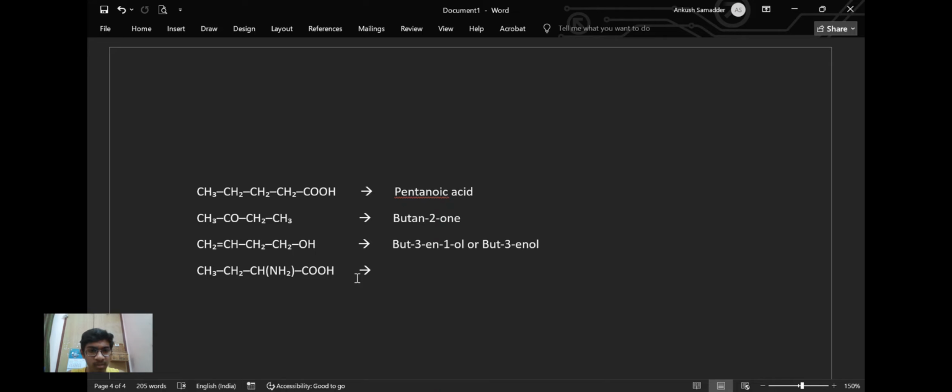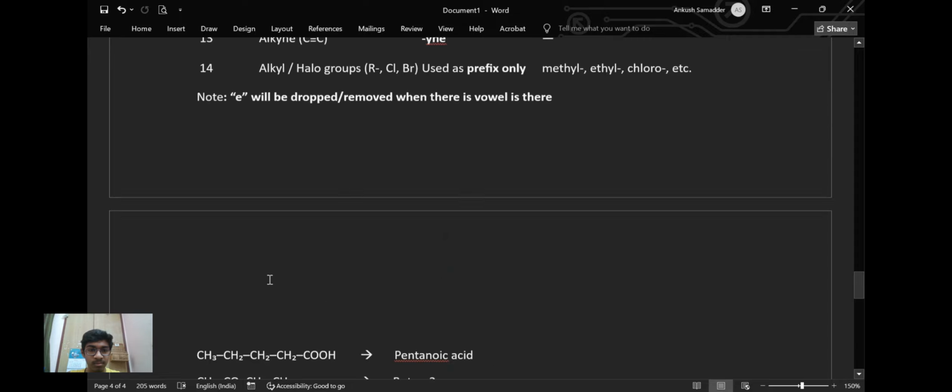So we'll write it as one, two, three, four. Four carbons are there. We'll write one of the functional groups as the prefix. If we write this amine functional group as the prefix, it will sound better.